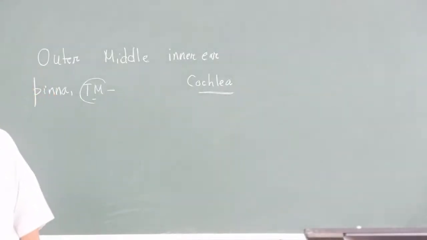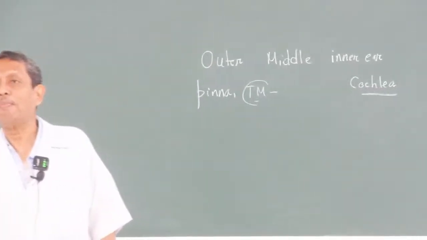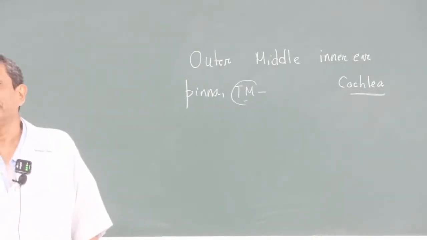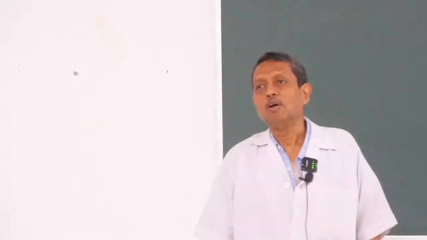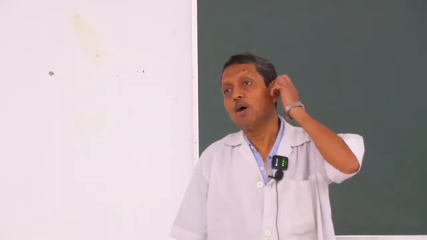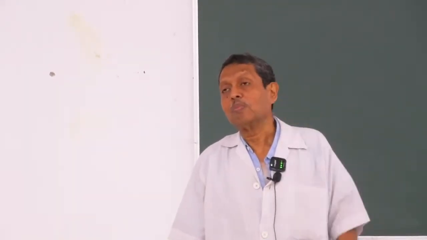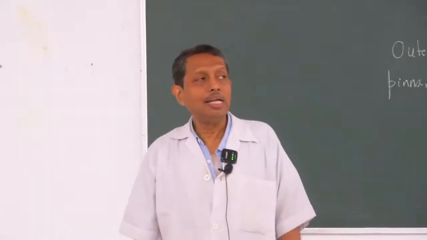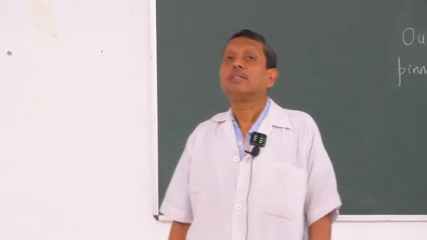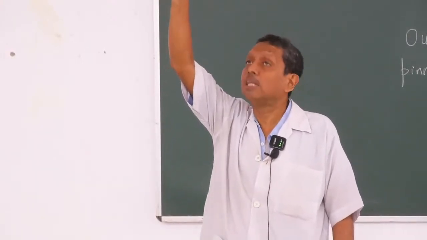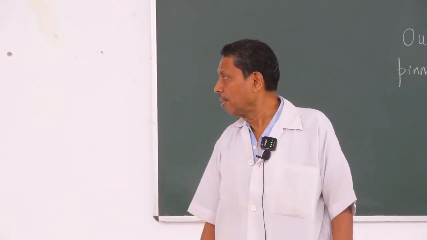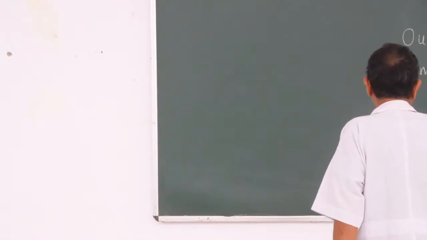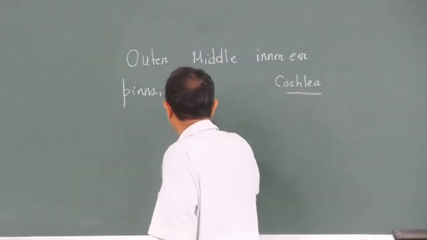It will vibrate, and this vibration is transmitted to the oval window by means of these small bones of the middle ear, malleus, incus, and stapes, the bony ossicles.